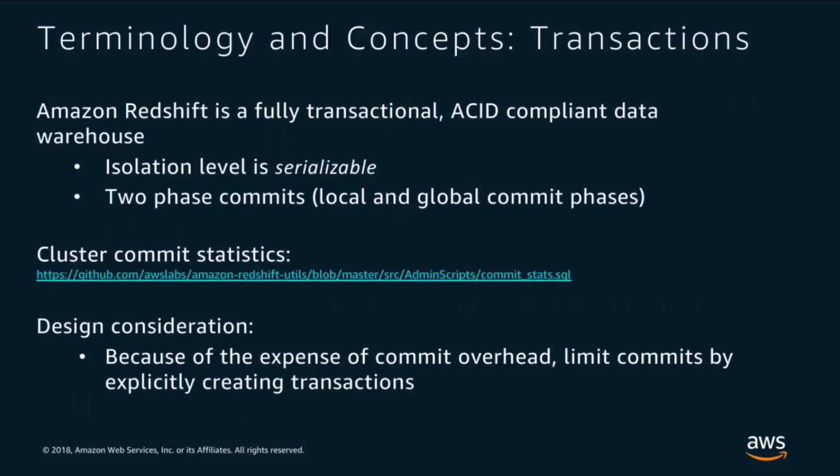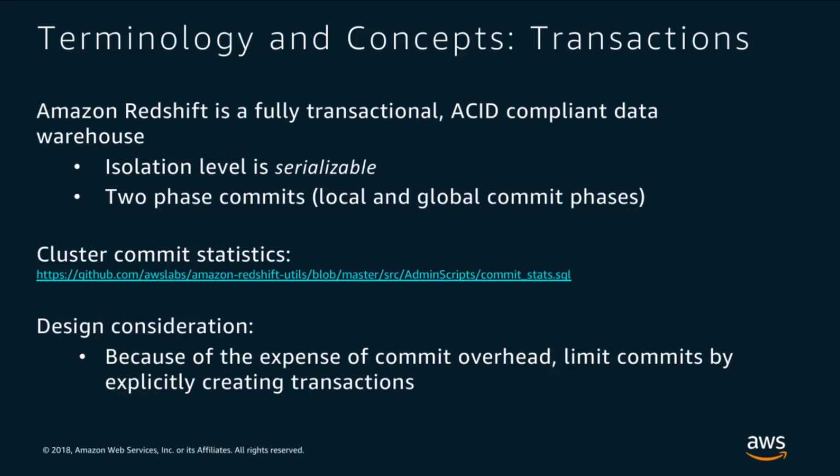Now, Redshift is an ACID-compliant data warehouse. It supports full transactions, like I mentioned on the previous slide. We also do 2-phase commits within Redshift. So the design consideration here is to keep commits to a minimum. Redshift can handle a fairly reasonable rate of commits, but what a lot of customers don't realize is that when they're issuing DDL statements one after another, each one of those causes a commit.